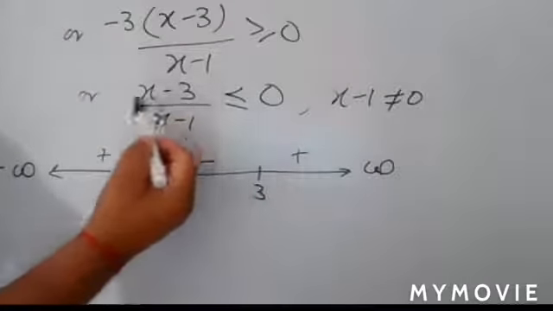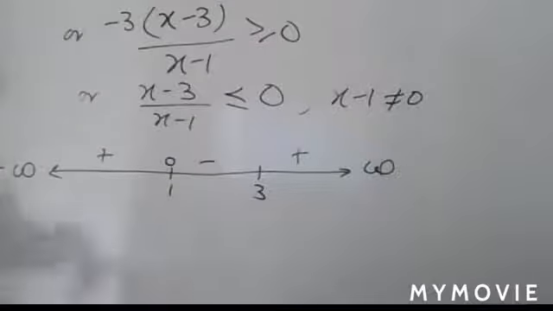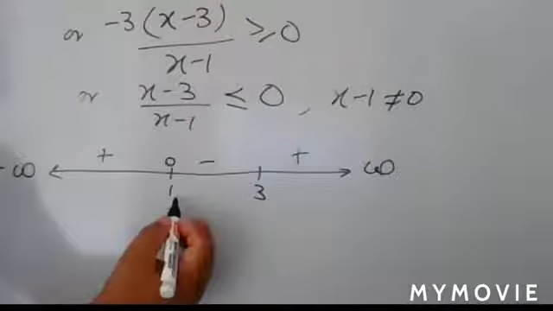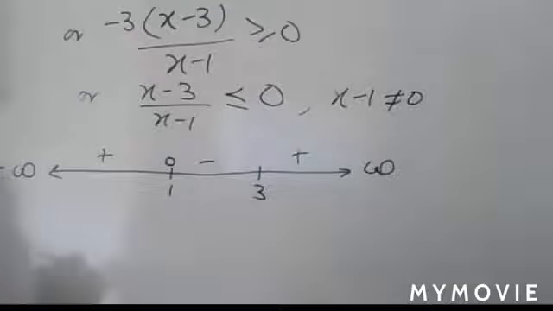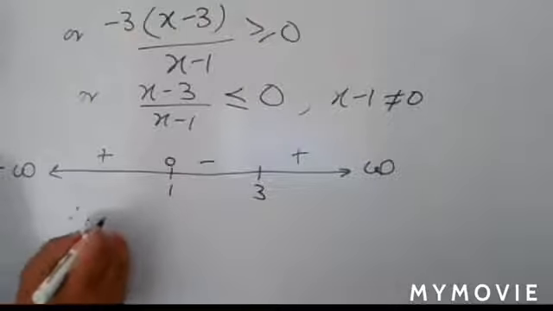Once the signs are decided, you check this: the complete fraction is less than or equal to 0, meaning negative. So you have to check for the negative region, which is only between 1 and 3, but the point 1 is not taken. So how do you write your answer?